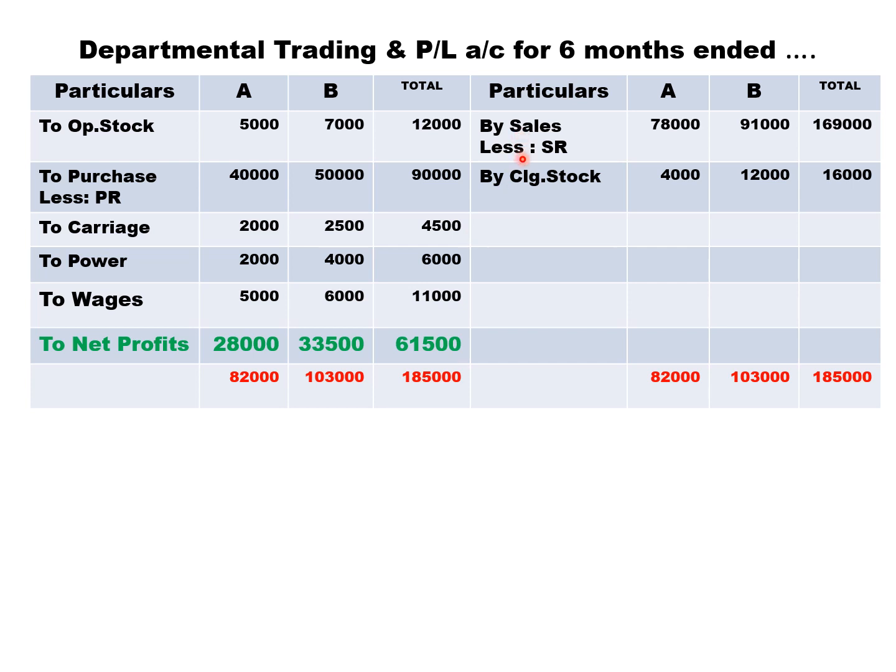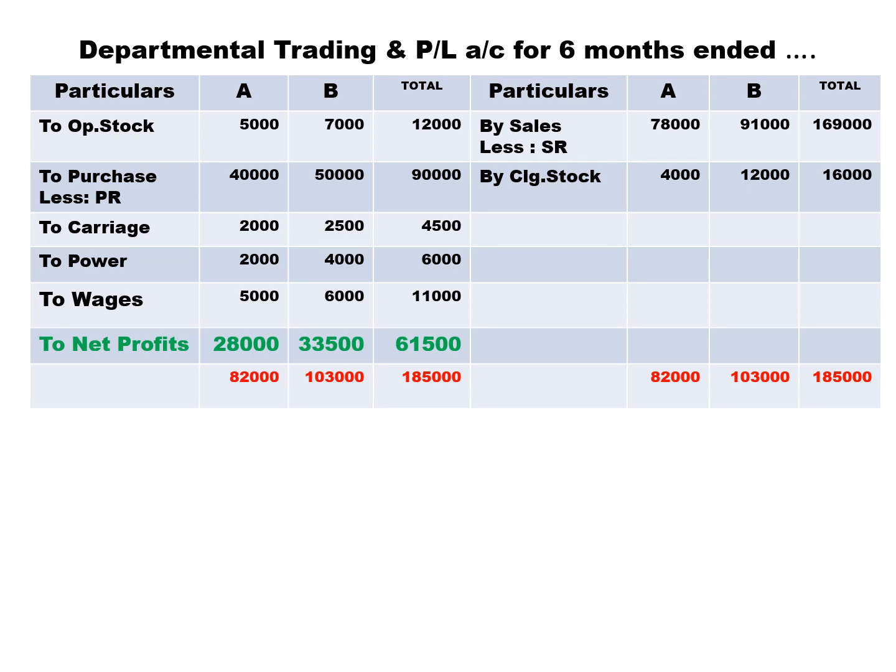Then sales, deduct the sales returns, you get net sales 78,000 and 91,000, followed by the closing stock 4,000 and 2,000. Thus students, you get a net profit of 28,000 for A, 28,000 for B, and 61,100 as a total. So this is the final working of question number 7 of today's class.